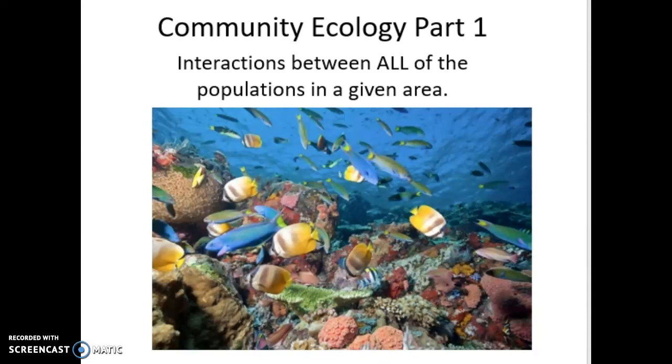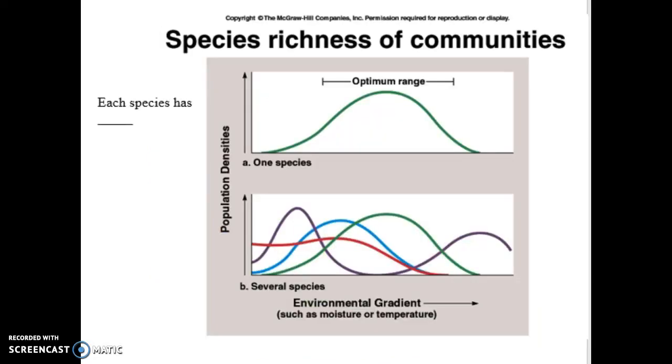What we're going to see is that all the species that live there have what we call an optimum range for environmental conditions: temperature, moisture, pH, etc. All of these things we call the abiotic conditions.